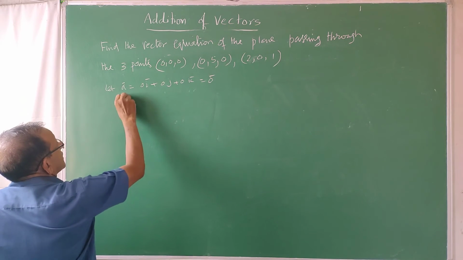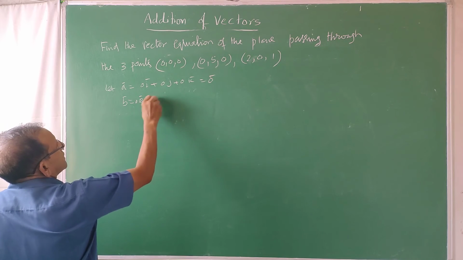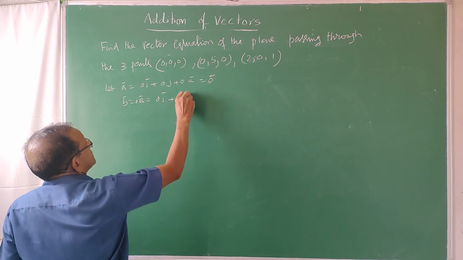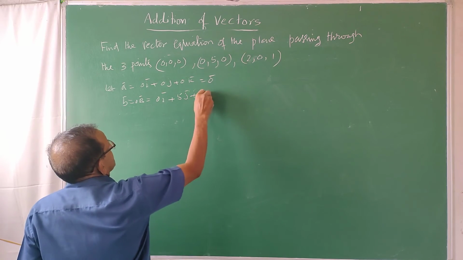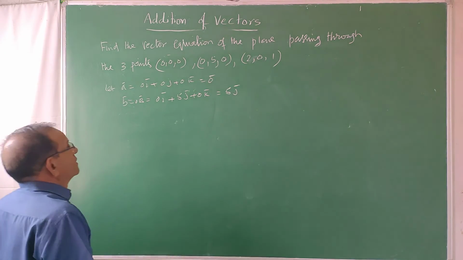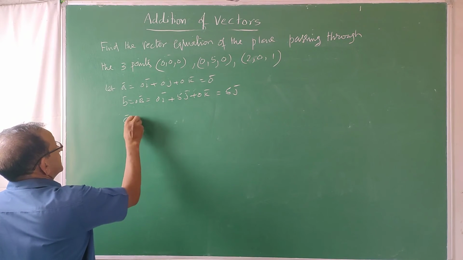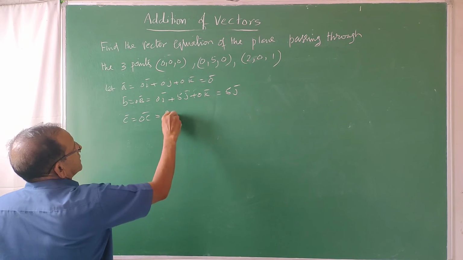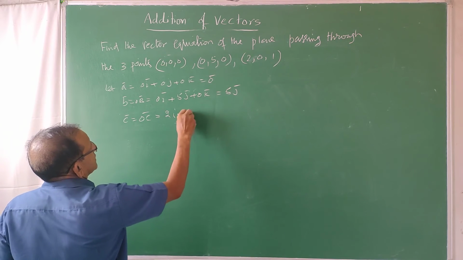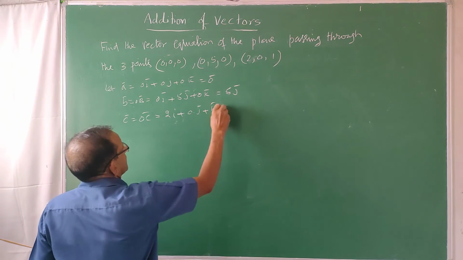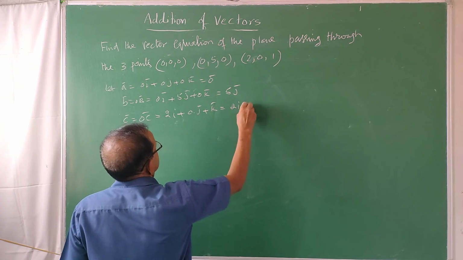And B bar is OB bar, that is 0 into i bar plus 5 into j bar plus 0 into k bar, that is 5j bar. The last point C bar, that is OC bar, is 2i plus 0 into j bar plus 1 into k bar, equal to 2i plus k bar.